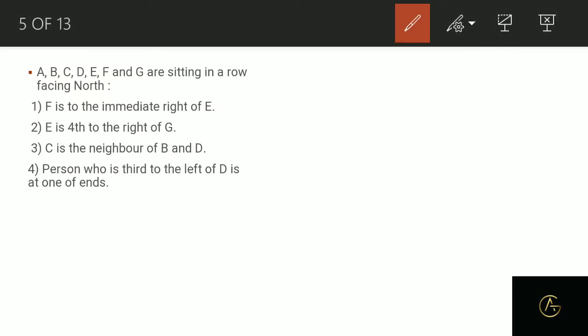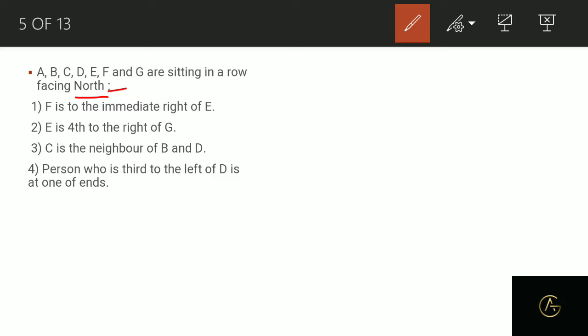So what does the question say? A, B, C, D, E, F and G, 7 persons are sitting in a row facing north. So guys, while reading the question, be careful. What is it, north or south? Otherwise, your answer will become wrong.